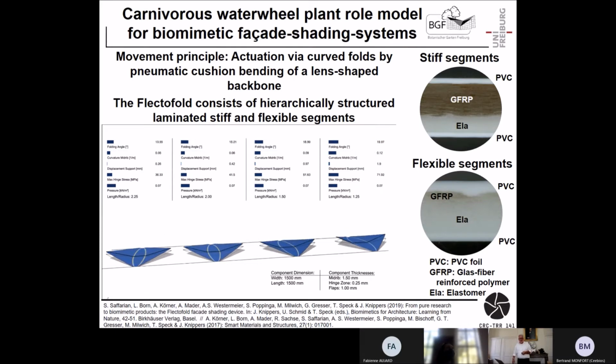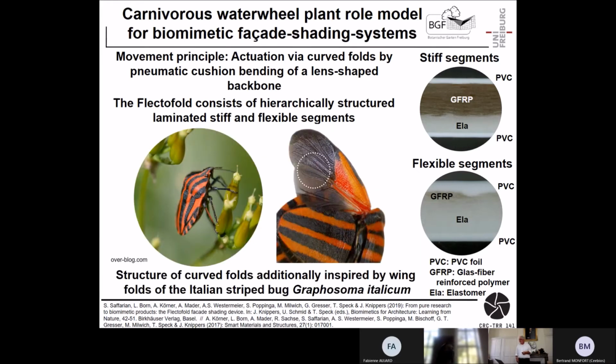We asked our colleagues from the animal departments in Tübingen, and the colleague worked on beetles. And he said, oh, have a look at the hind wings of beetles, or here on a bug. This is an Italian striped bug, Graphosoma italicum. They fold and unfold their wings several hundred up to 1,000 times. Have a look at how the folds are made here.